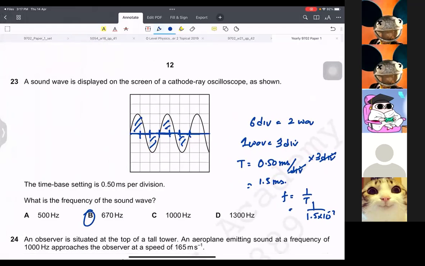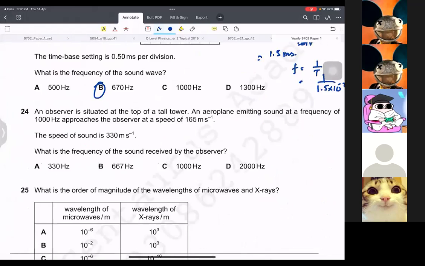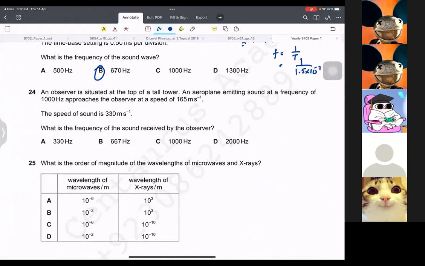All right. Now, please do let me know wherever you get stuck. An observer is situated at the top of a tall tower. The airplane emitting a frequency approaches the observer. Okay, so the moment I see approach, I have to use Fs times V over V minus Vs. The airplane is emitting a frequency of 1000, and the speed of air is 330, minus 165.